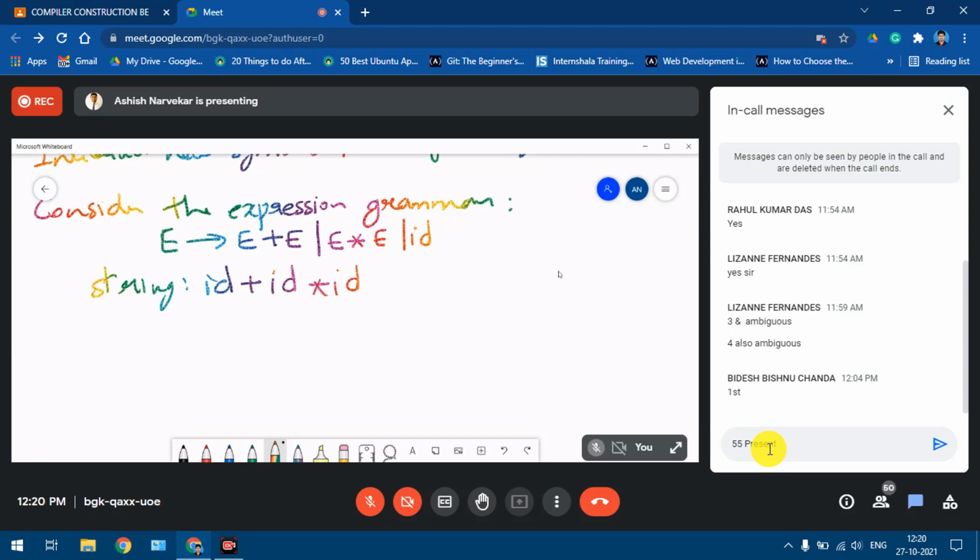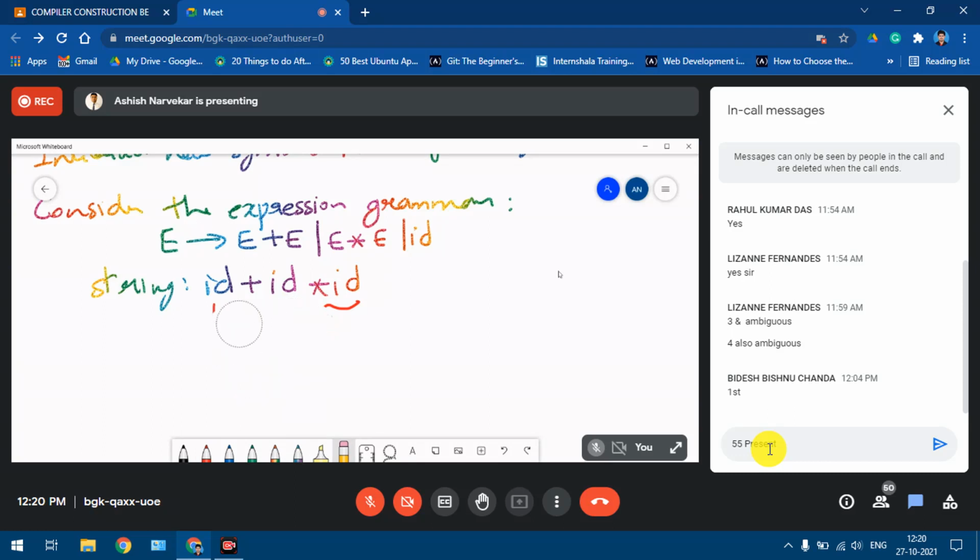So a combination of addition and multiplication, in which it's quite obvious that as per the precedence of the operators, this should happen first, and after that this should happen second. This is what all of us know by default.